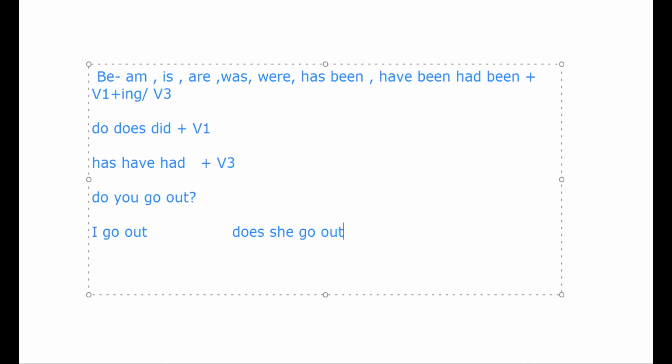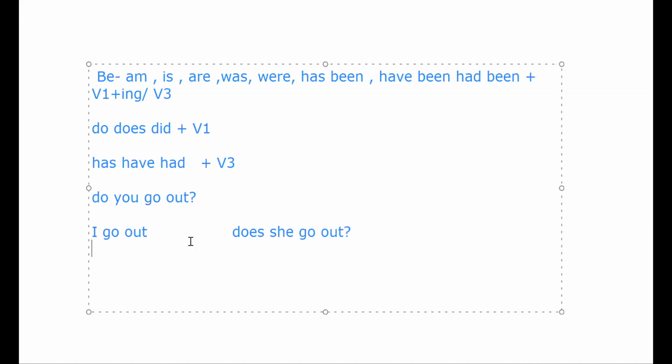Does she go out? See here. After does, I use the main verb, that is V1 form. Now look at this. She goes out. See the difference of verb forms. And if it is negative, she doesn't go out.